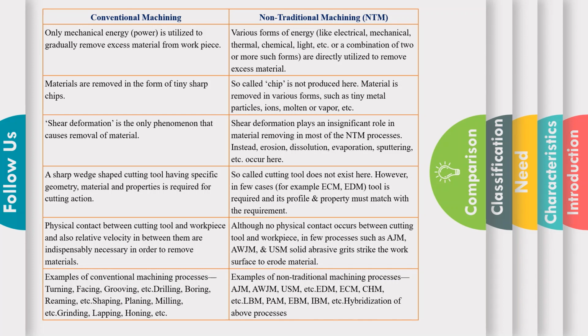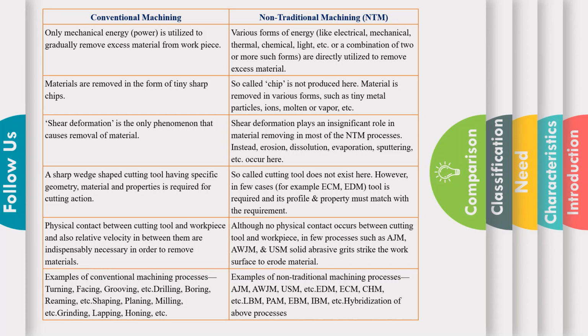In non-traditional machining, a so-called cutting tool does not exist. However, in a few cases, for example ECM or EDM, a tool is required and its profile and property must match the requirement. Next point about conventional machining is physical contact between cutting tool and workpiece. In non-traditional machining, no physical contact occurs between cutting tool and workpiece. In a few processes such as AJM, USM, solid abrasive particles strike the work surface to erode material.